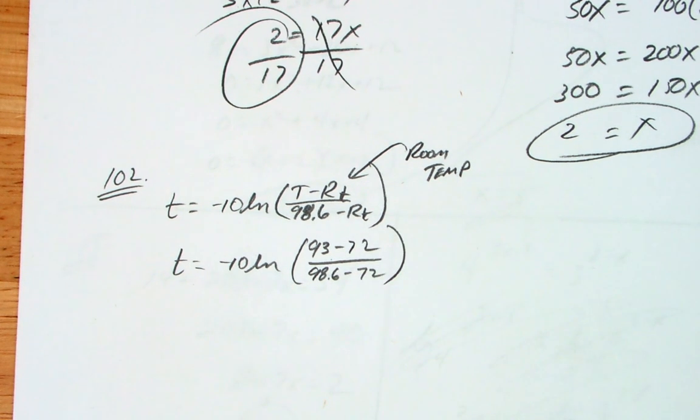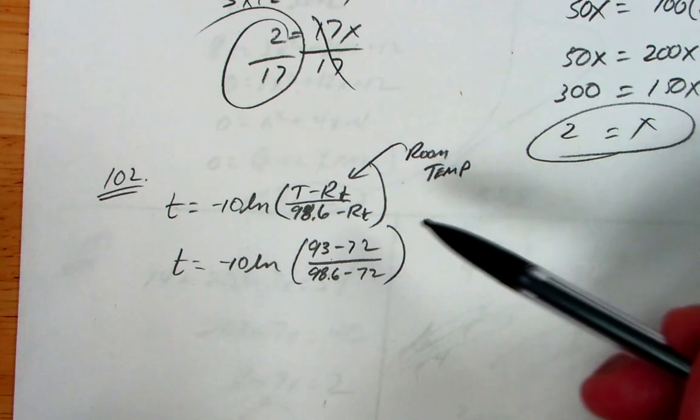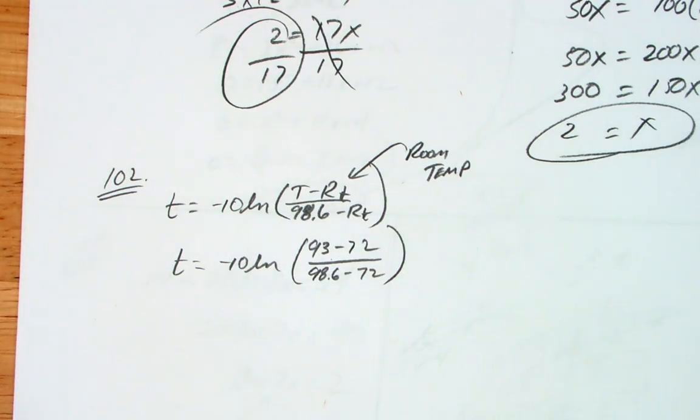So what you have is a ratio; this formula would be given to you on a test of some sort. This is actually not a terribly difficult problem. It should be 21 over 26.6. Yep, which would be what? Give me a decimal.